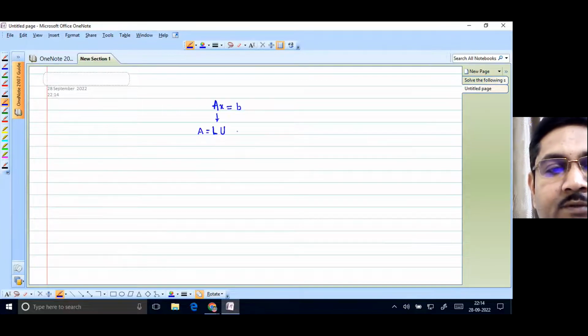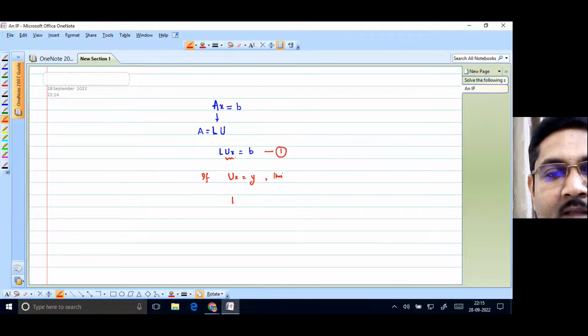Then, when I substitute A equal to LU, I will get LUX equal to B. Now, I will do one more substitution. I will assume that UX is equal to Y. And with this assumption, my equation number 1 will become LY is equal to B.